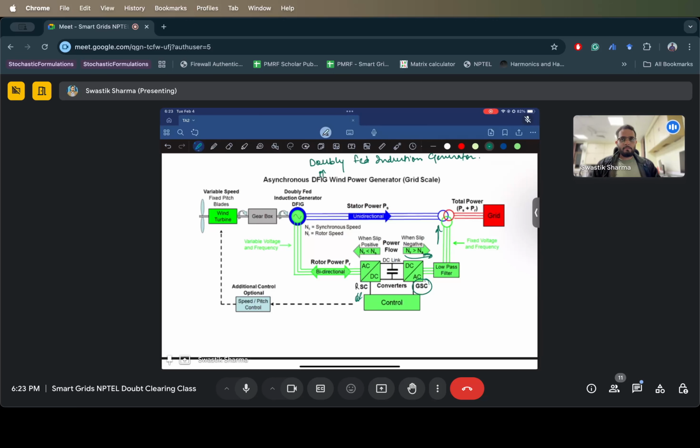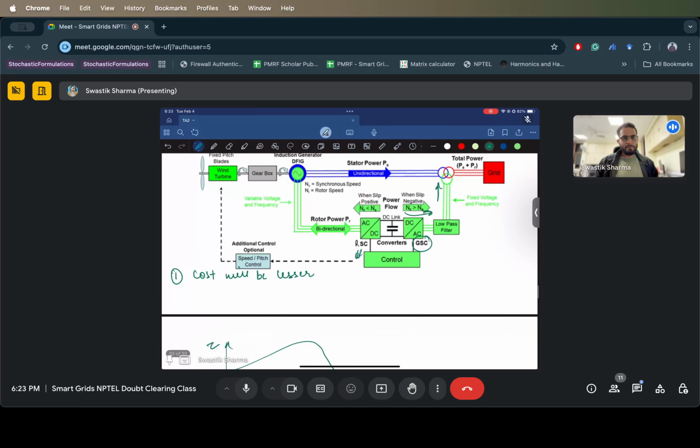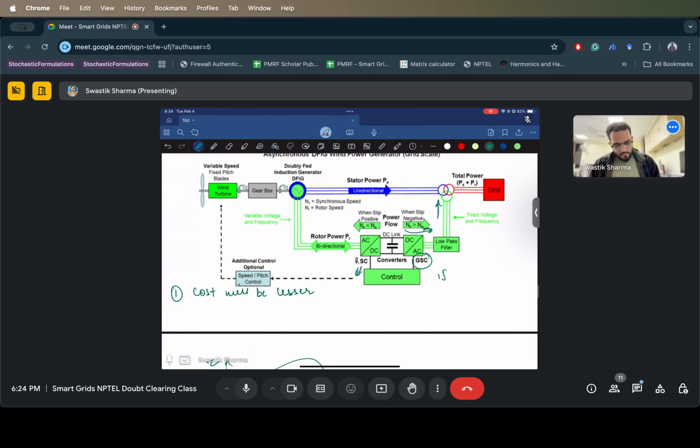But there are some advantages to it. One advantage is that cost will be lesser. Now you'll say, we are again using a back-to-back converter, how is the cost going to be less? This converter is only used for the fractional amount of power that is needed, around 15 to 30%.